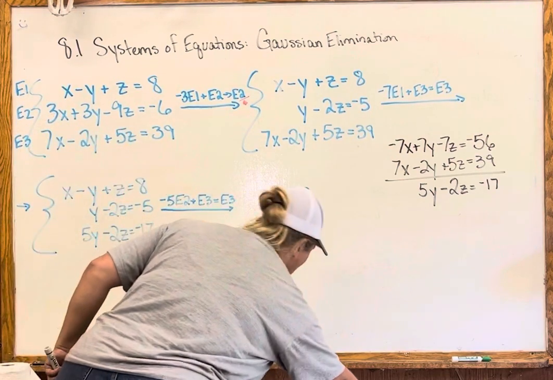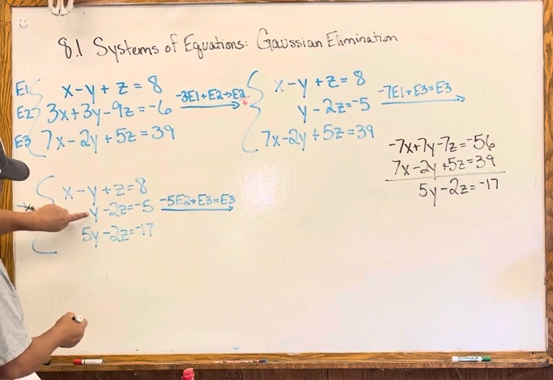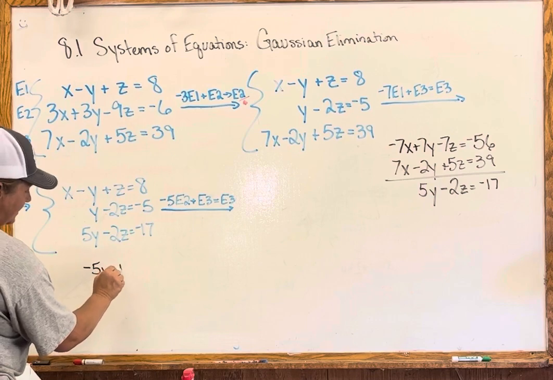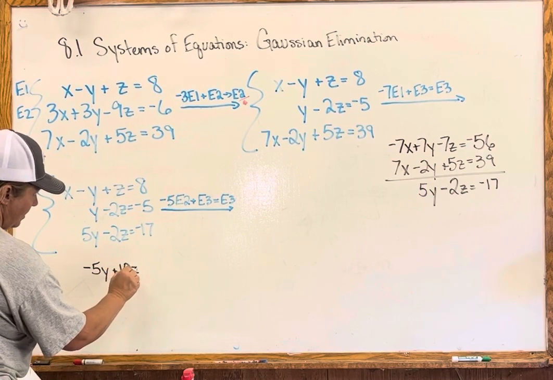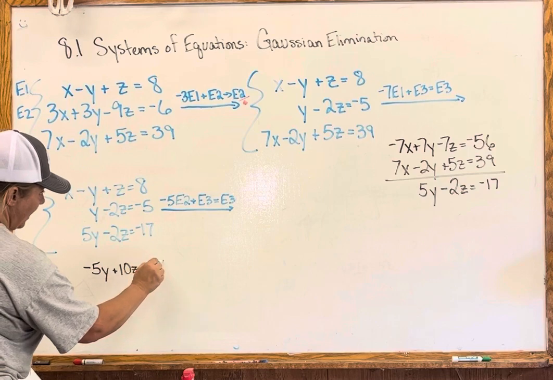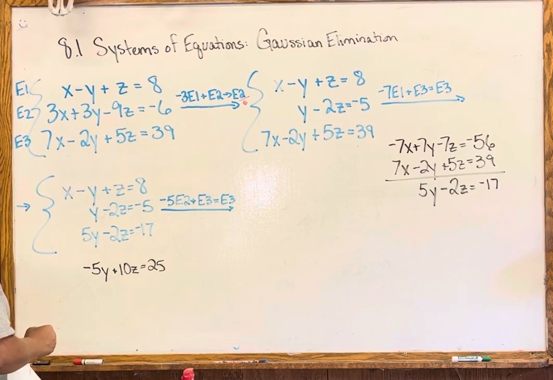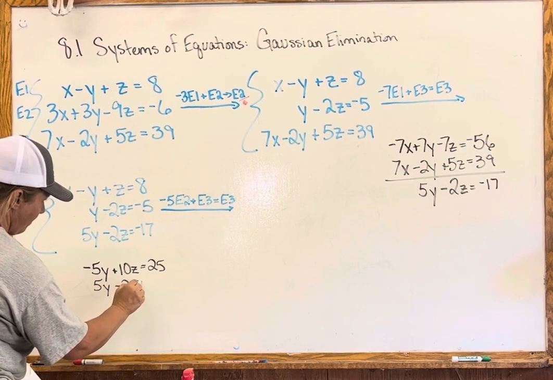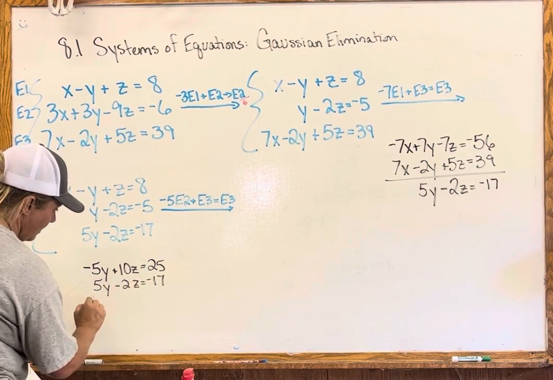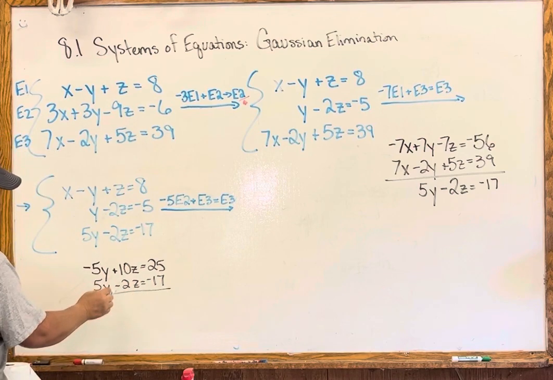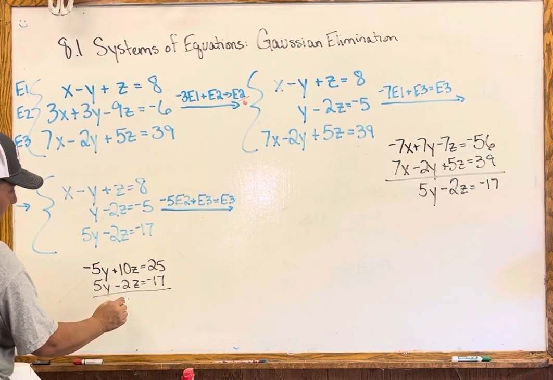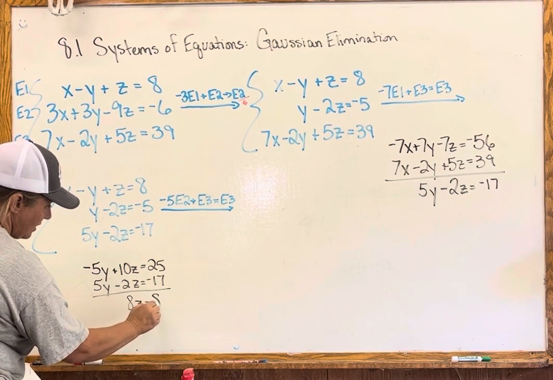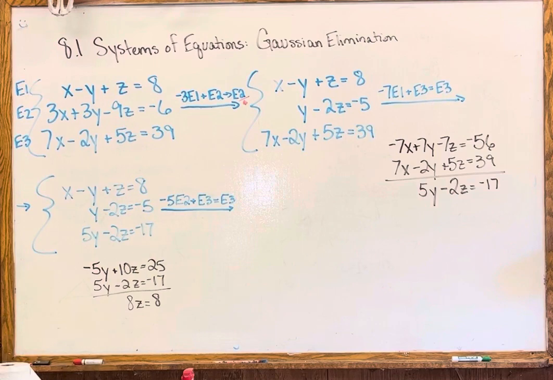Negative 5 times this: negative 5y plus 10z plus 25, right? Okay, bottom guy stays the same. And we combine. So here we will have 8z equals 8.